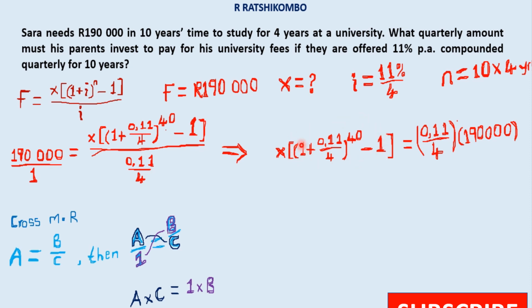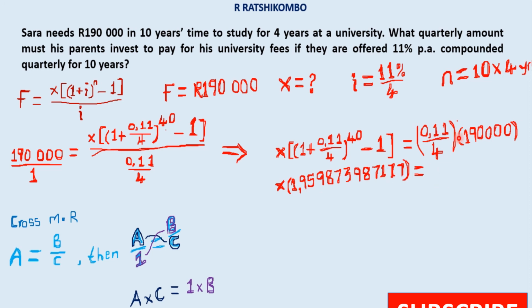In other words, I will say 1 plus 0.11 over 4, close brackets, to the power 40, minus 1. Using my calculator, I found that we are going to have x multiplied by 1.95987398777. So everything inside the square brackets is equal to this value here.